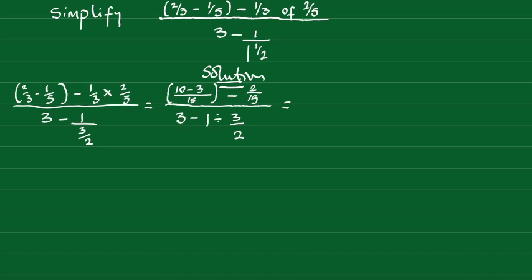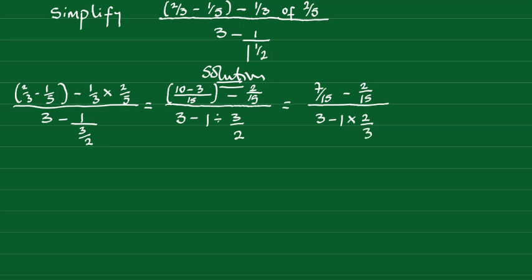Within our bracket, 10 minus 3, we have 7, and we put 15 as our denominator here, minus 2 over 15. These are divided by 3 minus 1 over 3 over 2. Our division sign we convert to multiplication, thereby 2 goes up and 3 comes down.